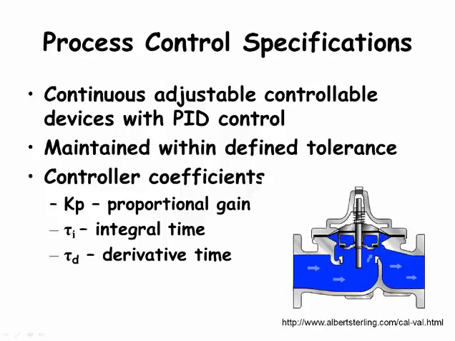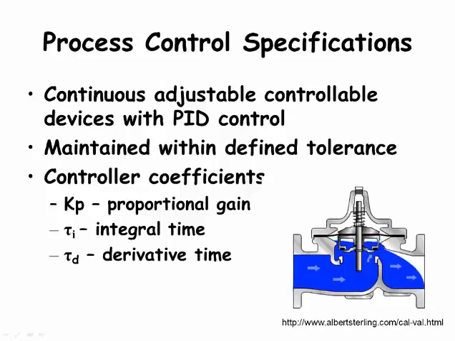Within this course, the variables we can adjust when we use PID control are the proportional gain Kp, the integral time tau I, and the derivative time tau d. So how do we find the settings for Kp, tau I, and tau d to get good PID control? The selection of these values is called controller tuning.